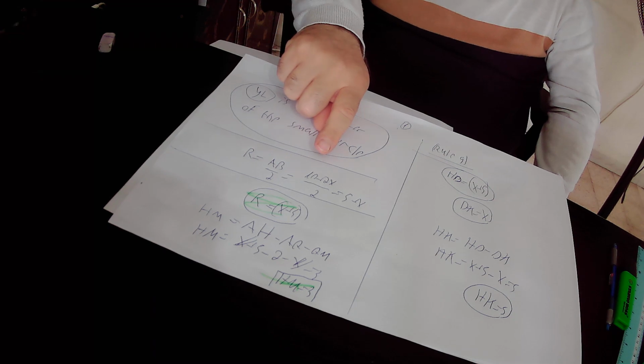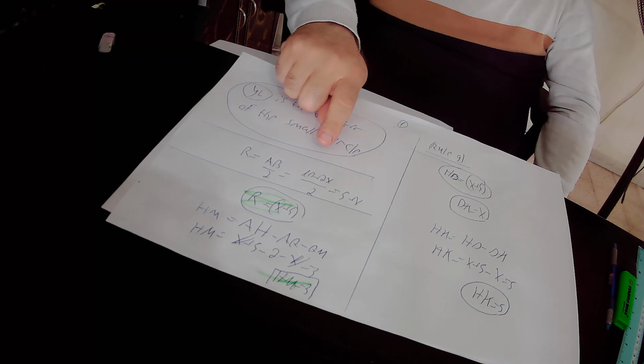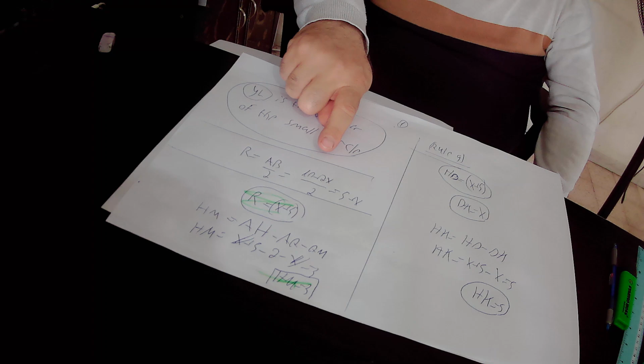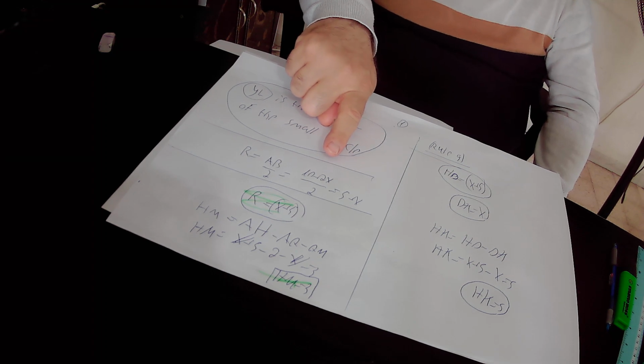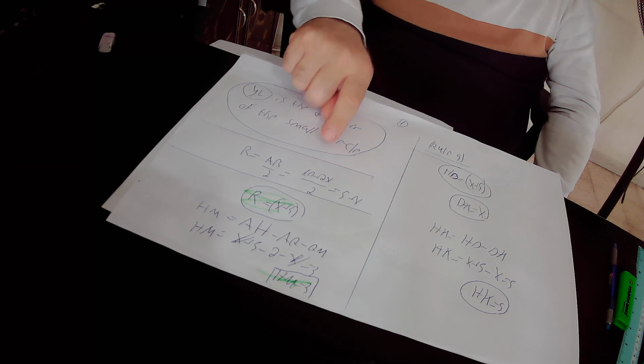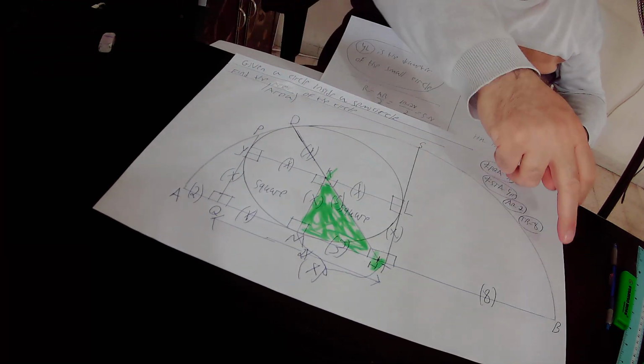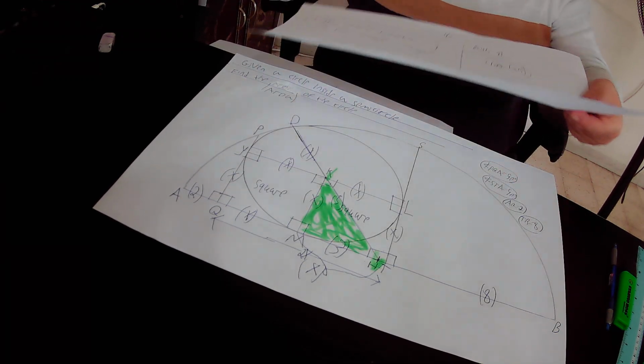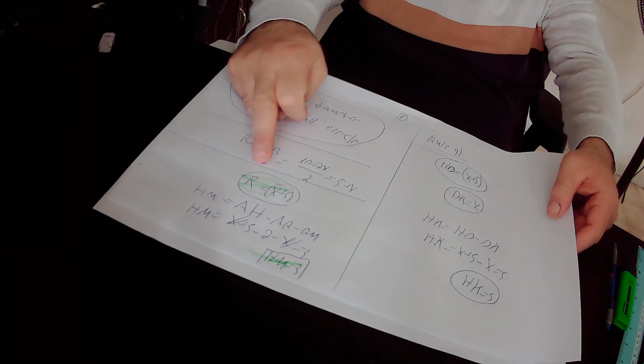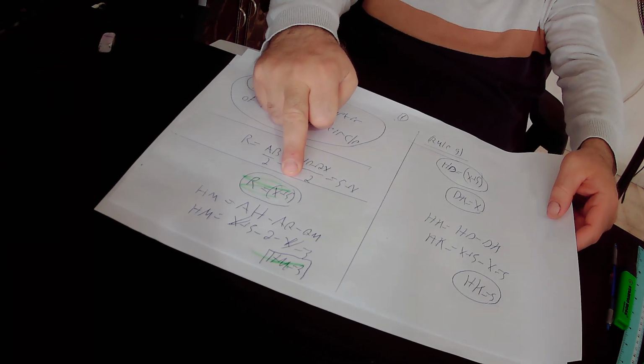That is to say, it is 10 plus 2x over 2. 10 over 2 is 5, plus 2x over 2, that is x. So in total, we found out that the radius of this big semicircle, capital R, equals x plus 5 units in its length.